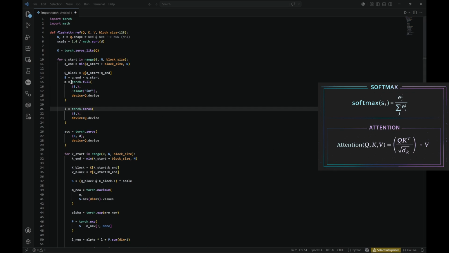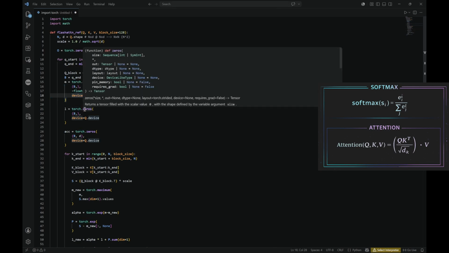M is our maximum score over any given block. L is going to be our softmax denominator.